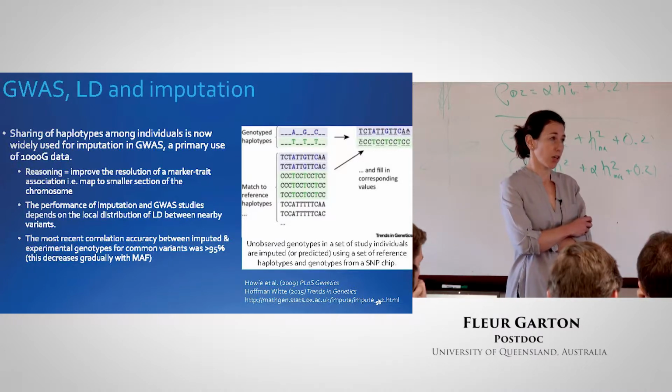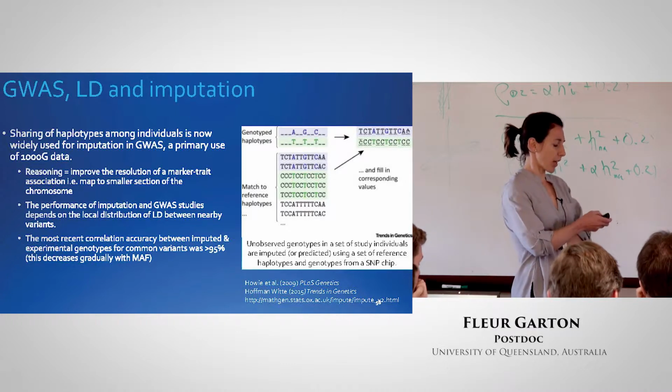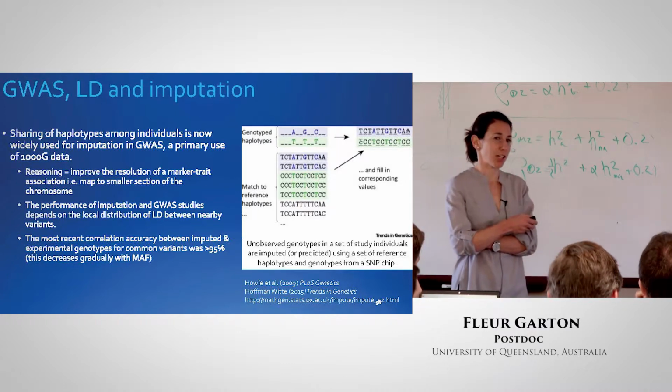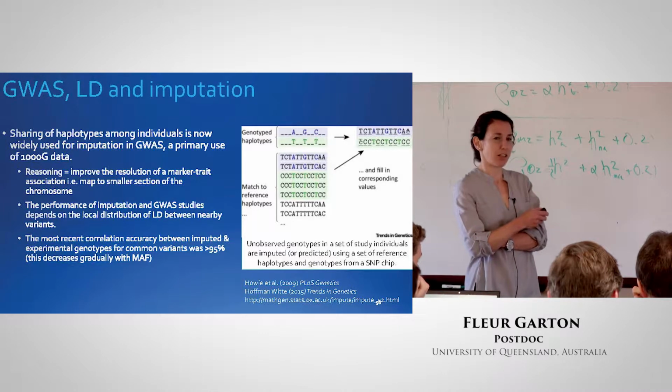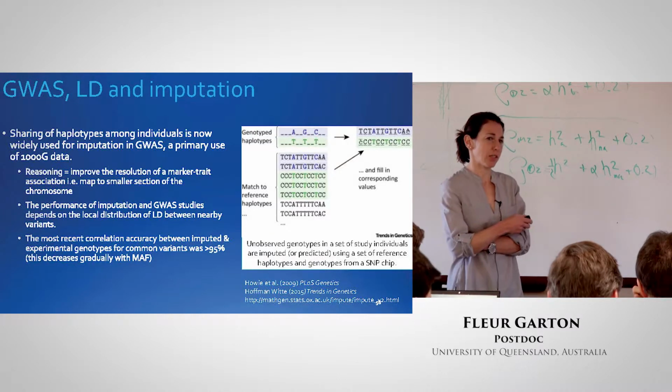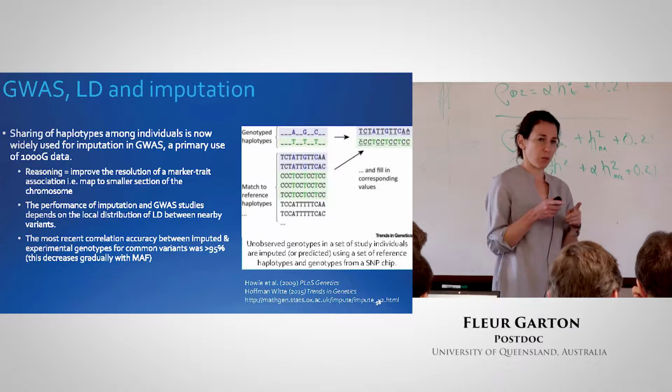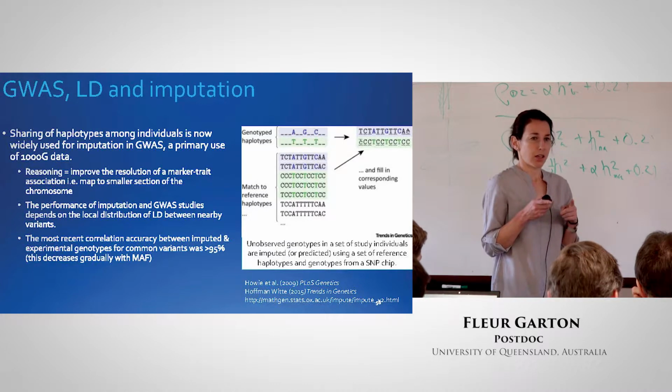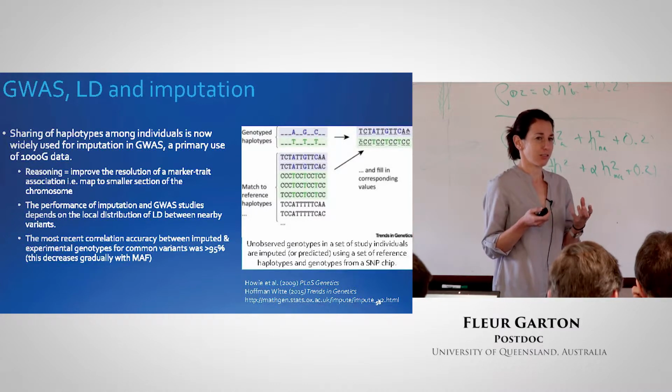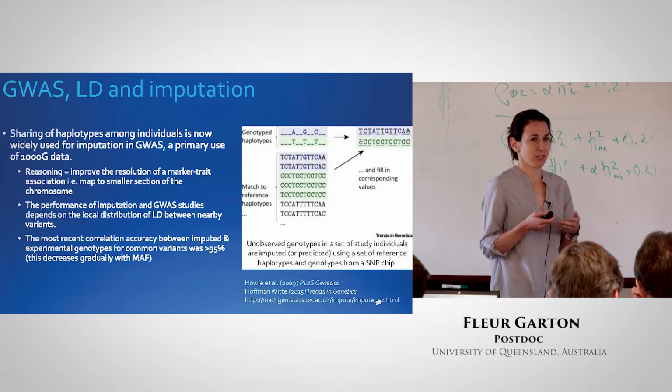Yes, you can. And actually, the accuracy for the imputation is better in Africans than it is in Europeans because the haplotype blocks are shorter. So the imputation is better.